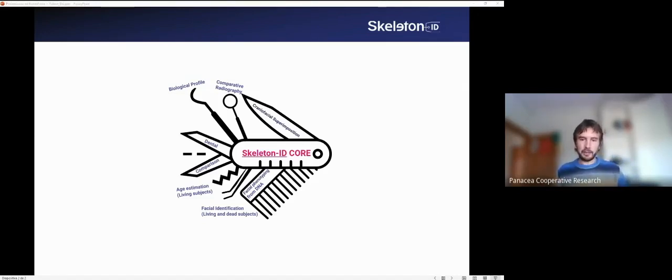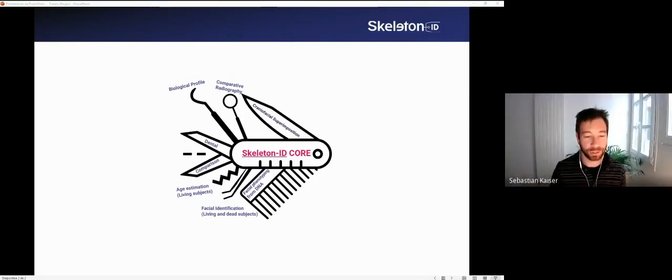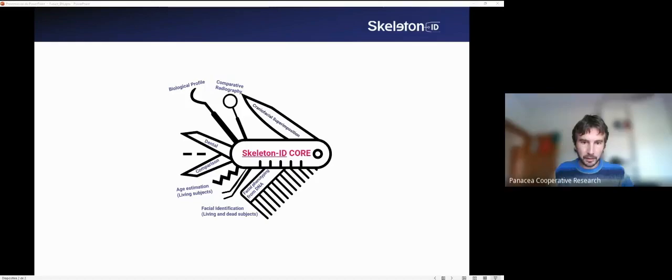how it works. So this is the Skeleton ID interface. Oscar, you might need to change your screen sharing. But we're still seeing... Okay, you're right.